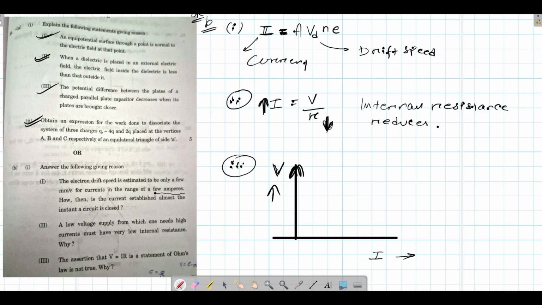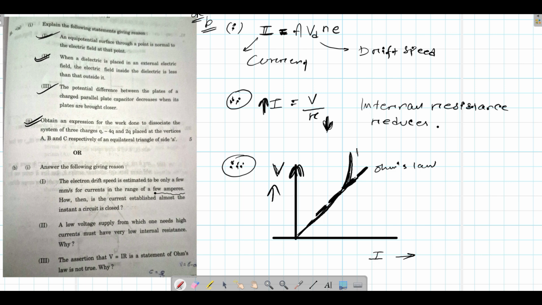This is the Ohm's law graph, V proportional to I. In the case of a practical conductor, this gets reduced. Practically it's not possible, so in practical cases this gets changed.